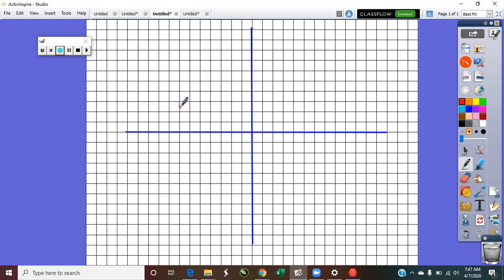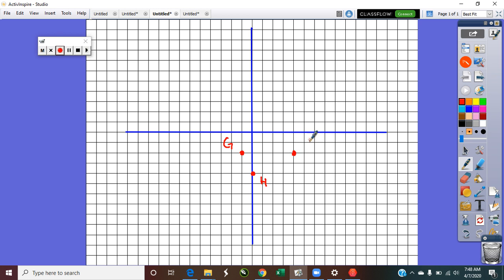So I'm going to put a point up here. Let's make it a quadrilateral this time. I have a point at -1, -2, and we'll call this point G. And then we have point H at 0, -4. I have a point at 4, -2.